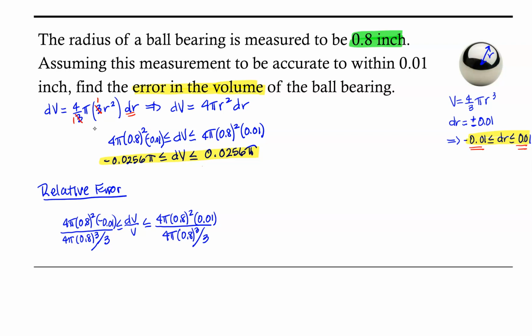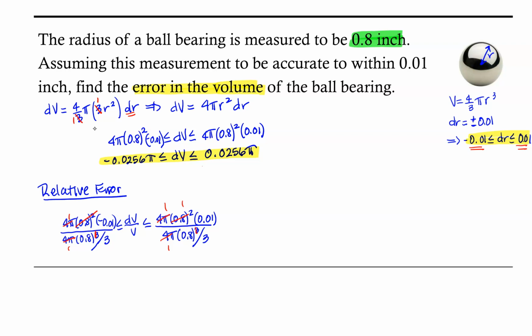Okay. So what that simplifies to, if I run this through a simplify, for example, I can see that I can divide out a 4 pi, and that's a 1. I can divide out 2 factors of 0.8, and I can do that on both the left and the right of my inequality, and so forth.